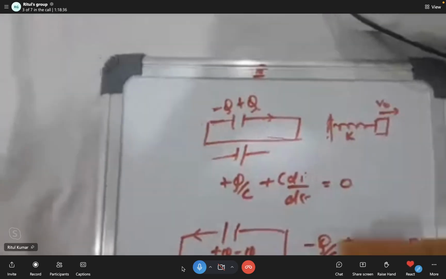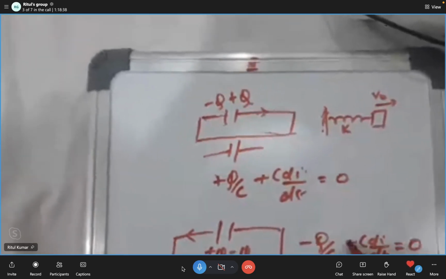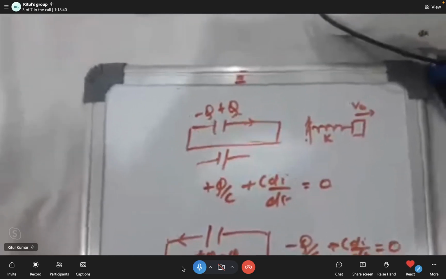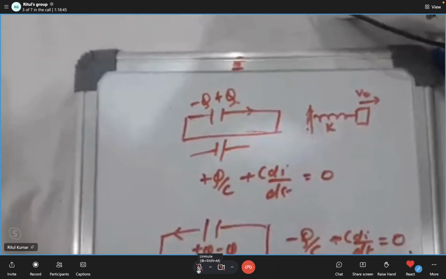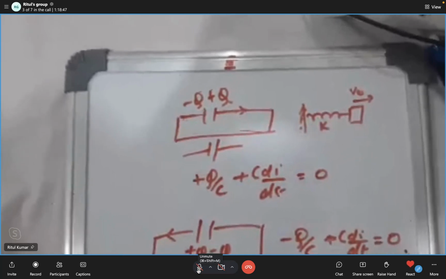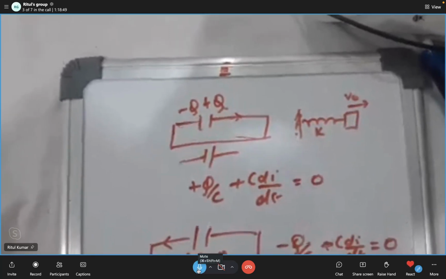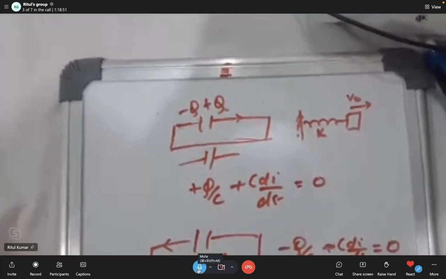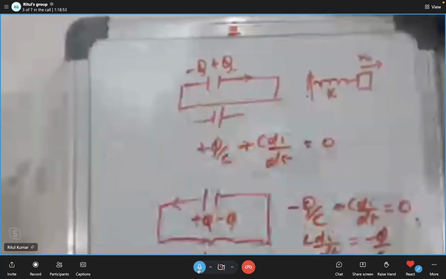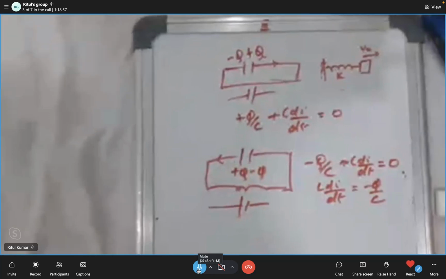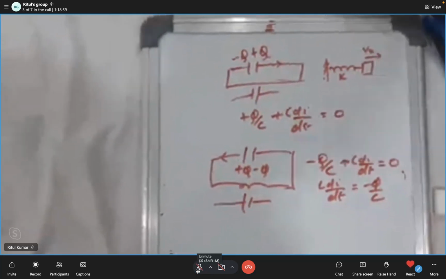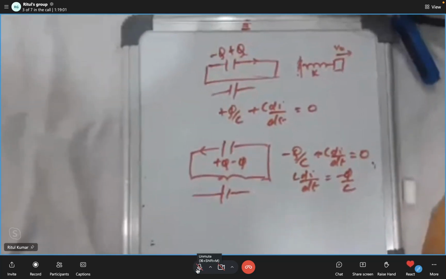Because across the inductor you have a potential drop. Yeah. So what do we get? Again the same: L di by dt is equal to minus Q by C. And from here we get the same result, correct? Yes, sir. Okay, so whichever way you look at it, you're going to get the same result.